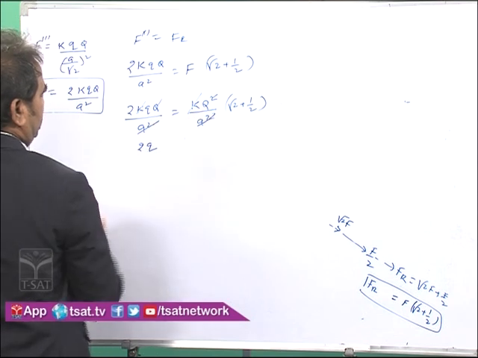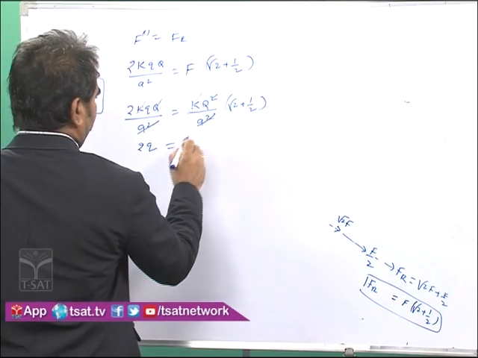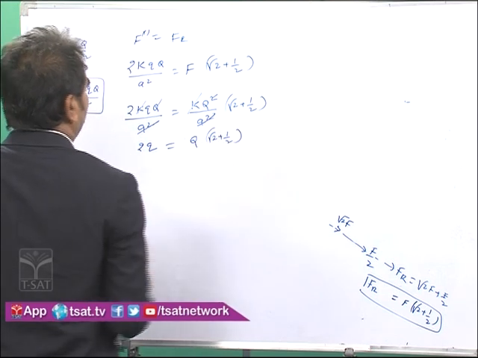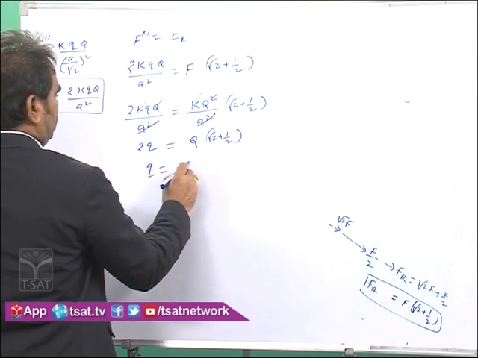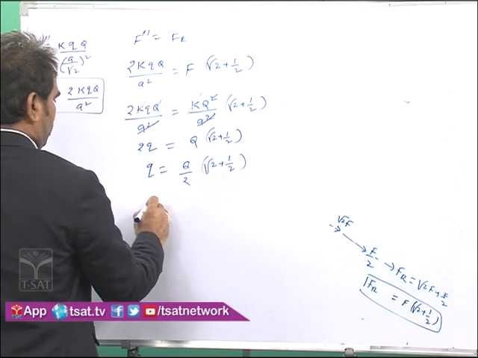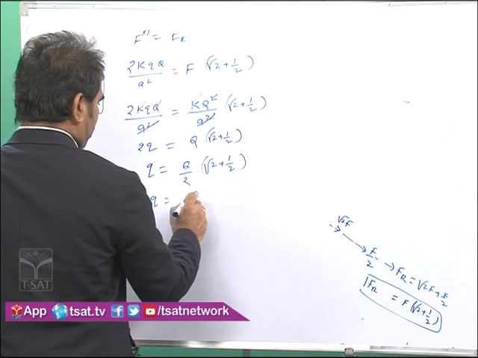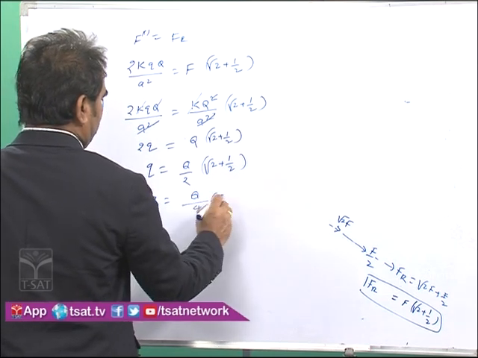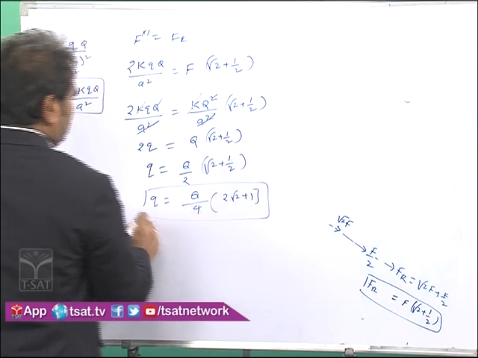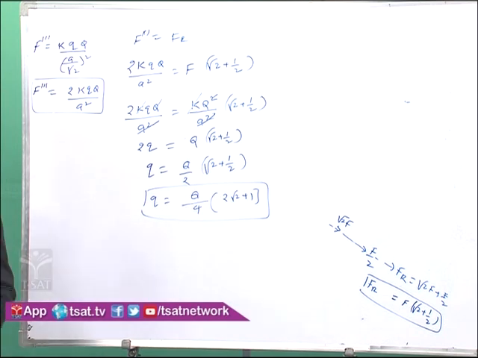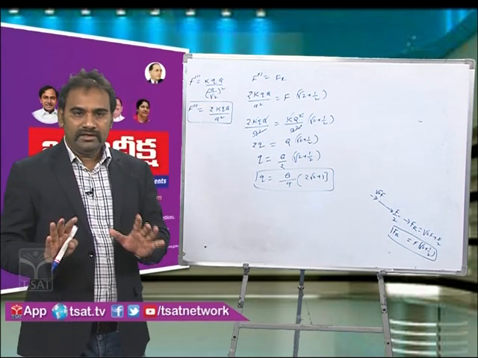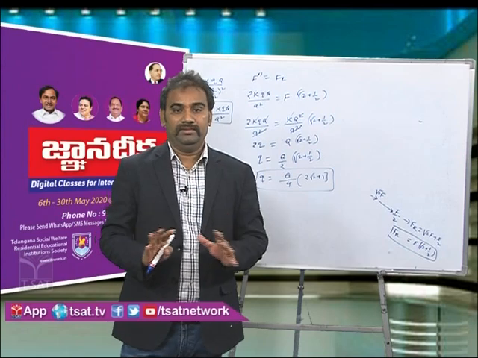A also gets cancelled in the denominator. 2q is equal to Q into root 2 plus 1 by 2, or small q is equal to Q by 2 into root 2 plus 1 by 2, or small q is equal to Q by 4 into, take common, 2 root 2 plus 1. So when this much magnitude of the charge will be placed at the center of the square, then the system will be in the equilibrium condition.